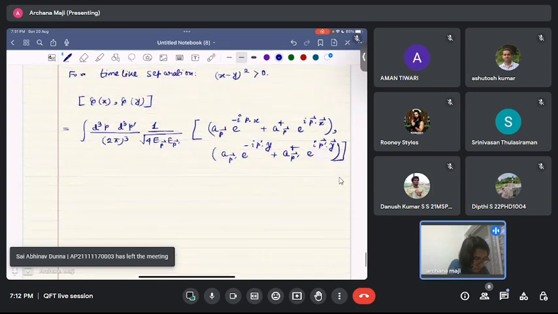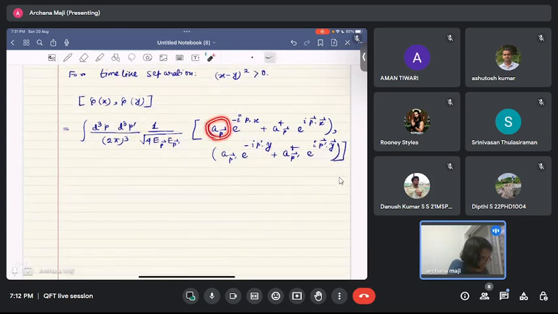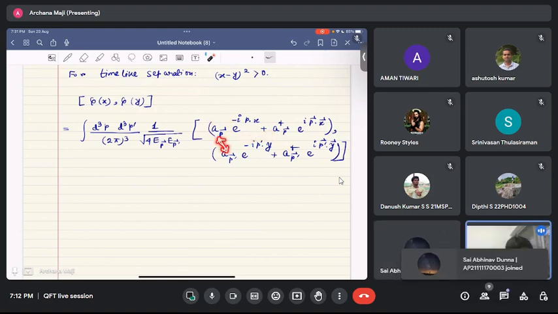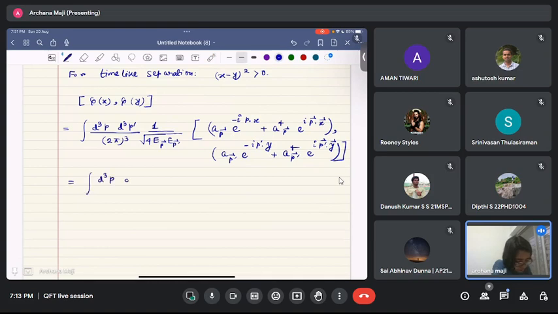As you can see, the commutation between this and this will survive, and these two will survive. The other two commutators will vanish, being trivial because they involve the same operator. Sorry, there is a 2 pi to the power 6.